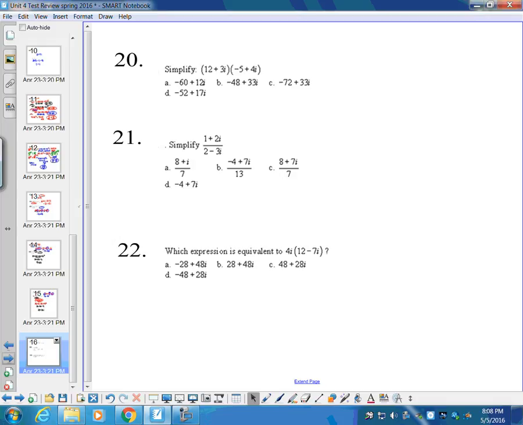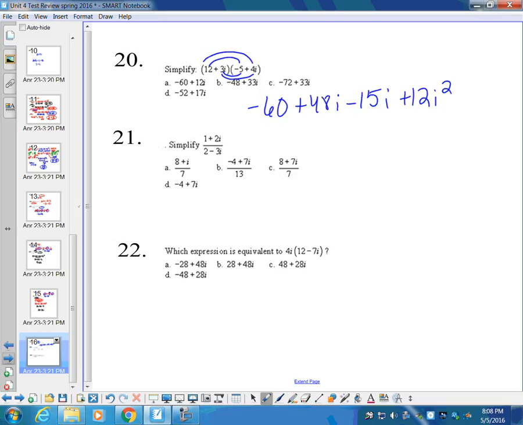All right, 20, 21, and 22. We are down to the end. So again, multiplying. 12 times negative 5 is negative 60. 12 times 4i is 48i. 3i times negative 5 is negative 15i. 3i times 4i is 12i squared.